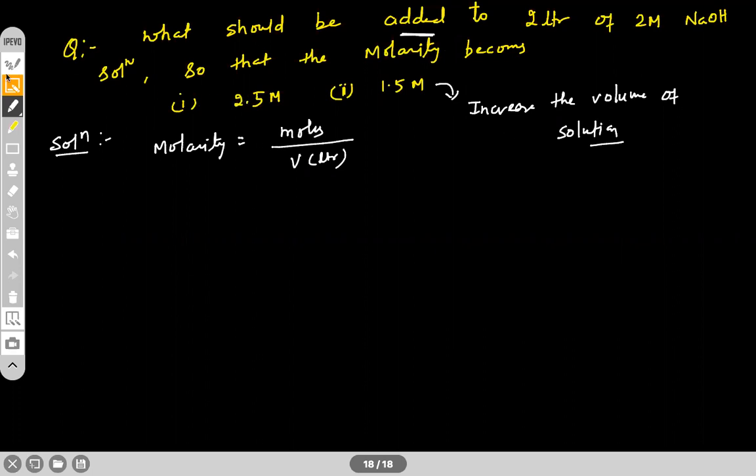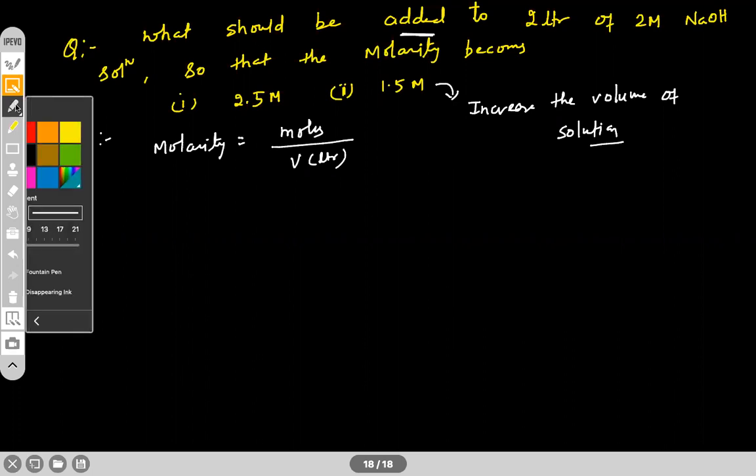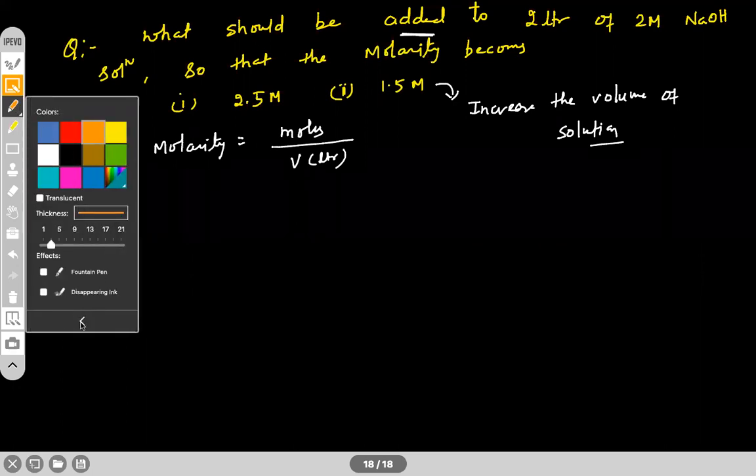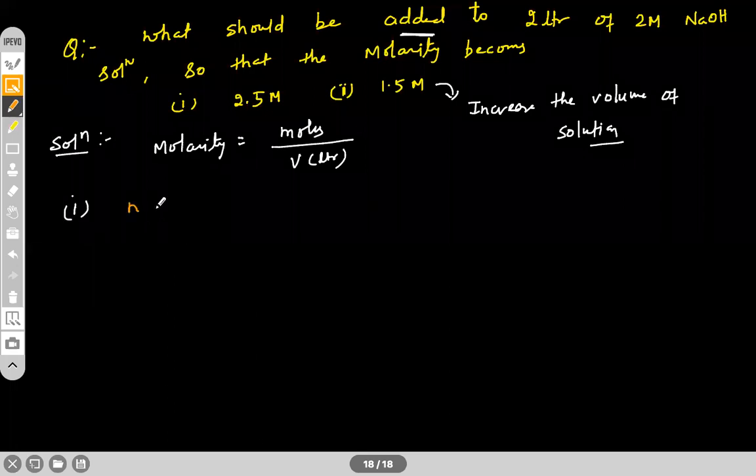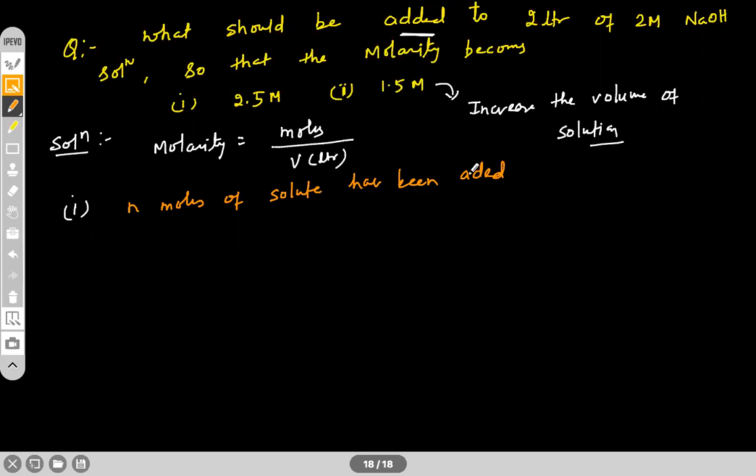In the first case, when you have to increase the molarity, we have to add some solute into it. Okay, so what I have assumed for the first question, I am assuming n moles of solute has been added so that the molarity becomes 2.5.